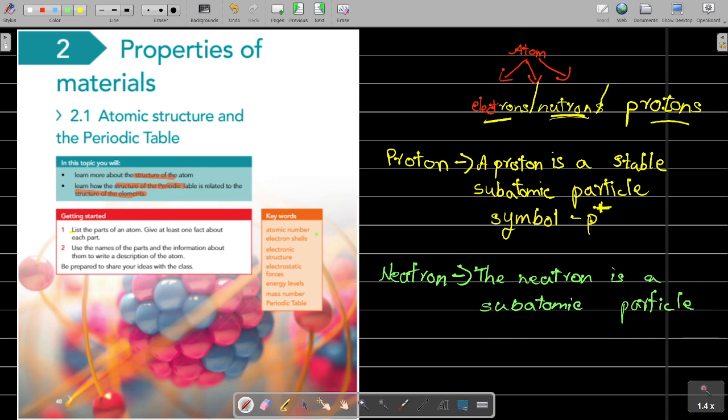Neutron means it has neutral charge. The symbol is n zero. Okay.